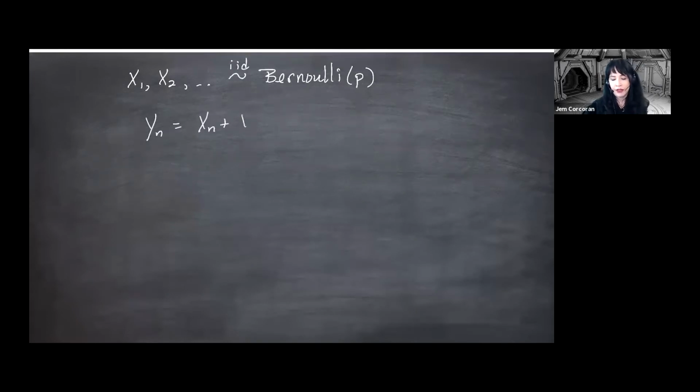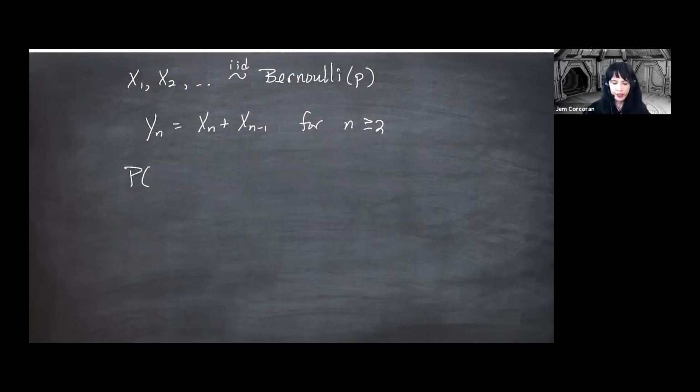And this only makes sense for n greater than or equal to 2. So is this a Markov chain? I'm going to need at least 2 steps to prove it's not a Markov chain, because how could you prove it's not? You could look at any 2 time steps, and this one starts at time 2.